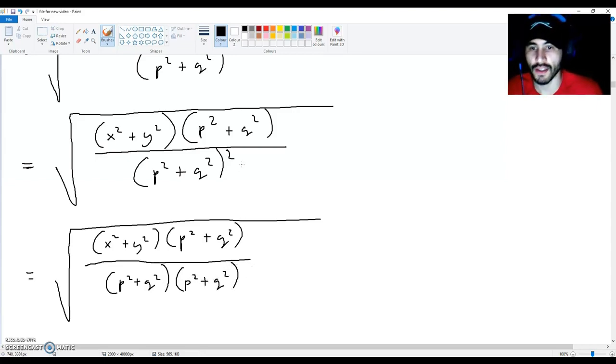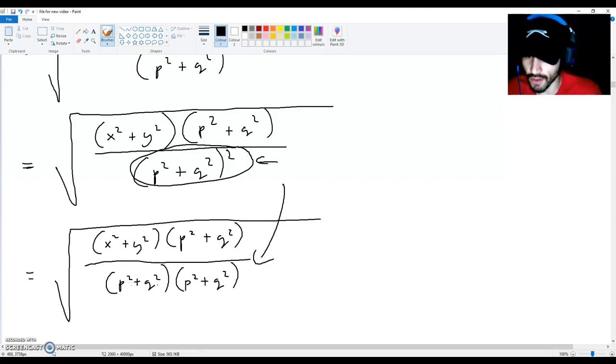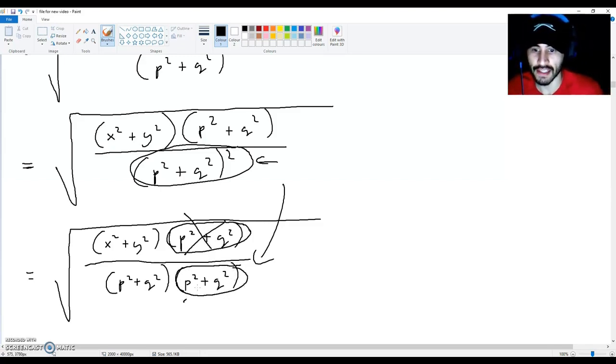This is because we've got (p squared plus q squared) squared over here. Now we've got a fraction underneath this root sign, and we've got p squared plus q squared on top and on the bottom, so they cancel each other out.